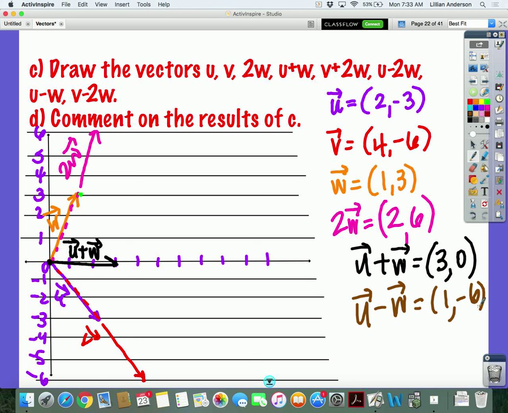Okay, so let's see, 1, negative 6. Right. Sorry guys, hold on. I'm confusing myself now. So u minus w is basically that we need to go from vector u and then a negative vector w, okay?